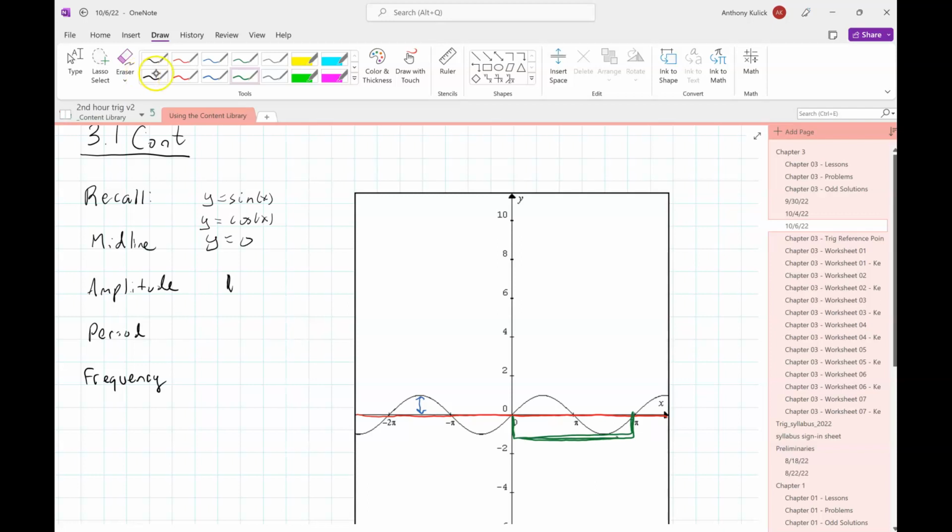So for sine and cosine, that was 2 pi. And the frequency was always 1 over the period. Frequency is always 1 over. Yep.